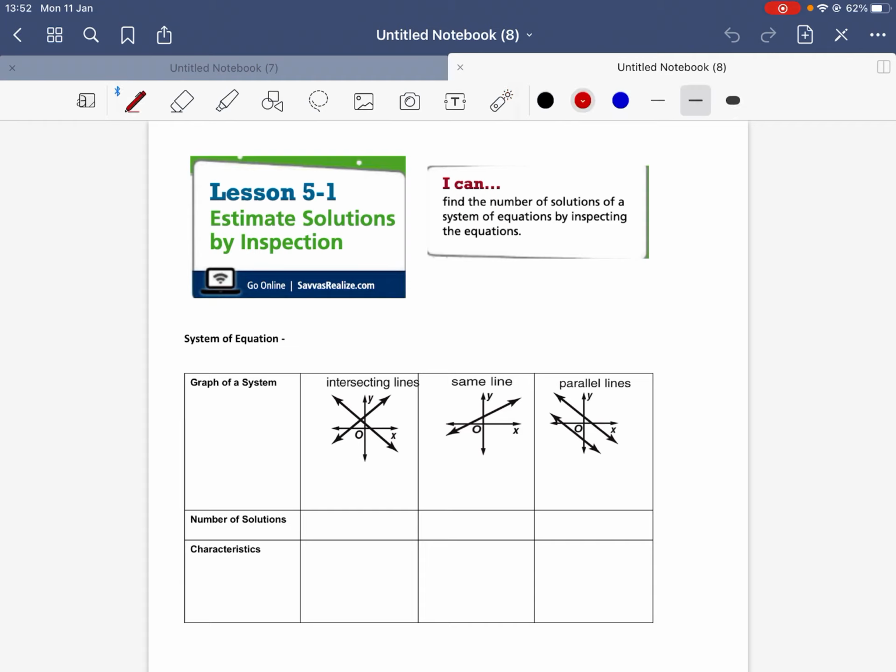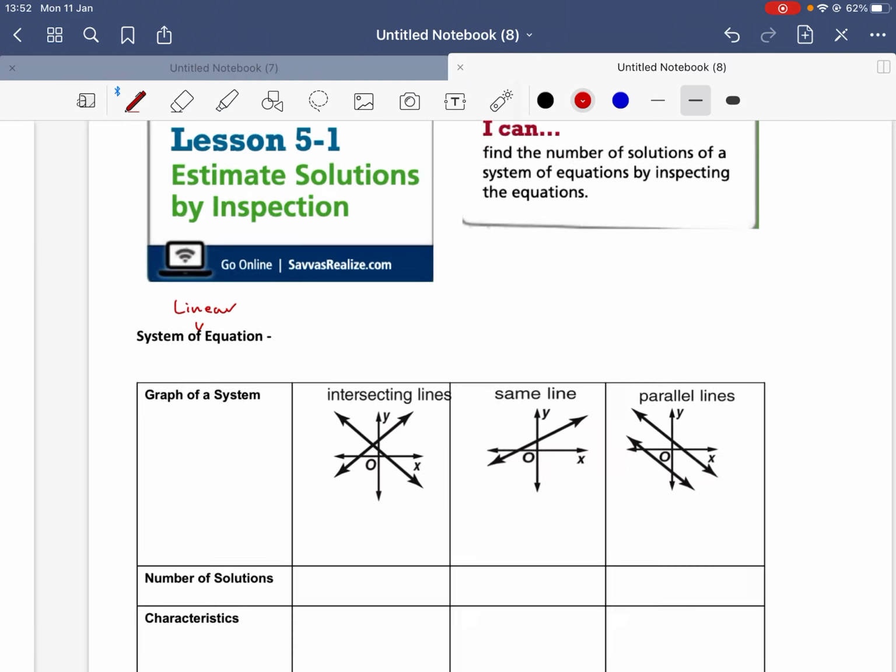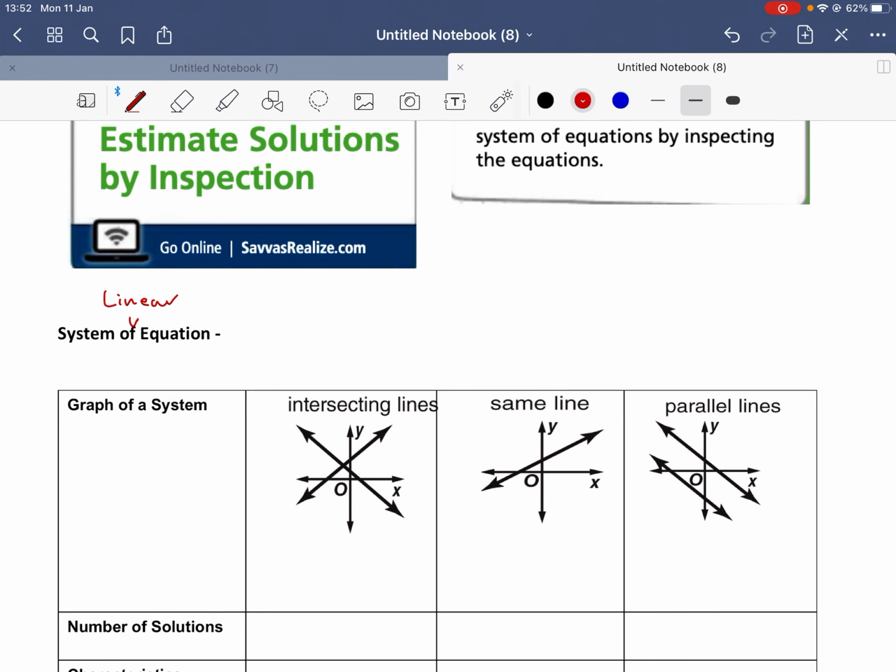So we're going to talk about what is a system of linear equations. This should actually be a linear equation. Let's zoom in here a little bit. A system of linear equations, meaning it is a straight line. So a system is formed by two or more lines.